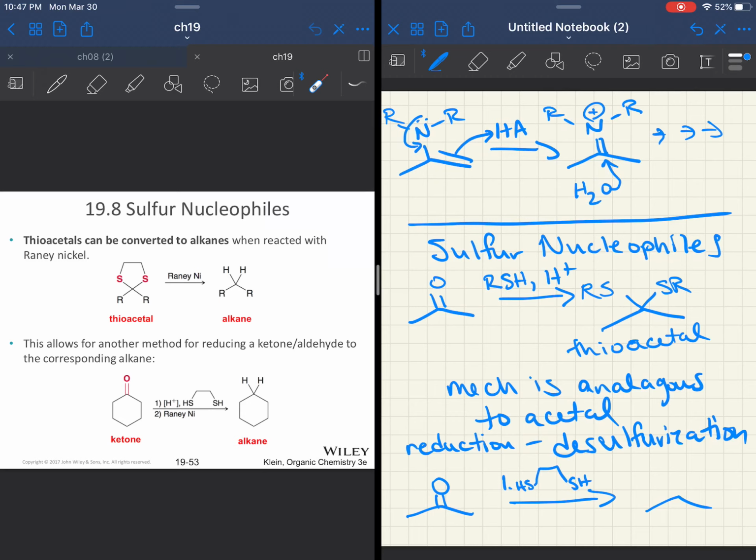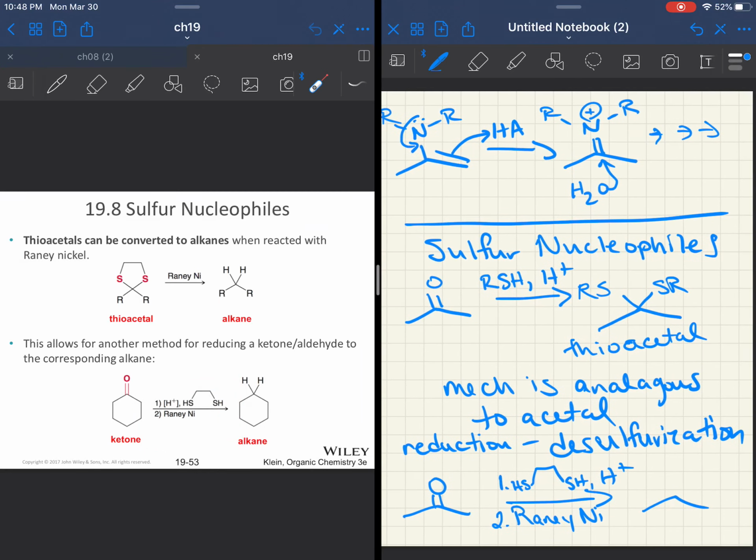In the first step, you are going to make that cyclic thioacetal, right, with the dithiol and acid. And then in the second step, you are going to use Raney nickel. This is a special kind of powdered nickel that will allow for this final reduction step. Just like with Wolff-Kishner, I expect you to know this is 2 steps.